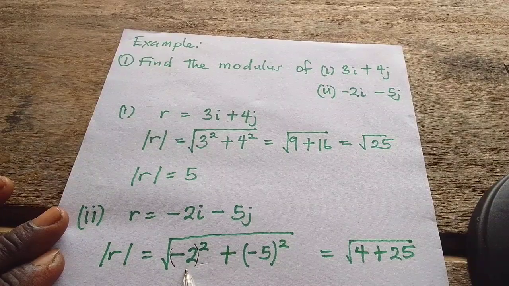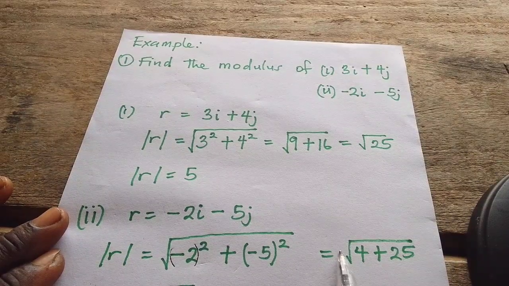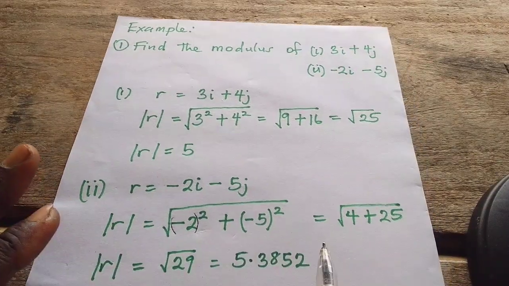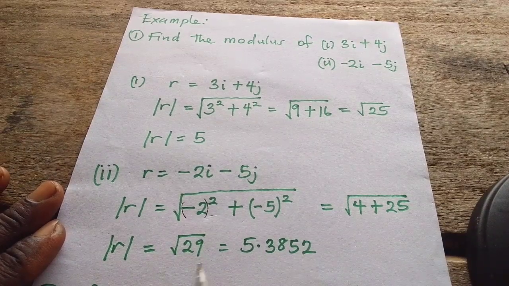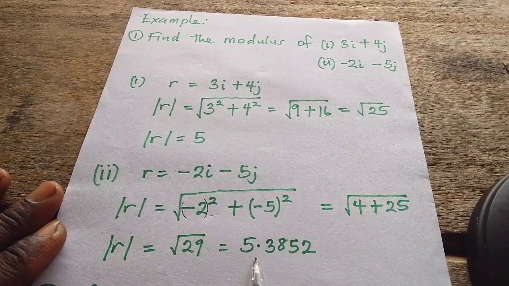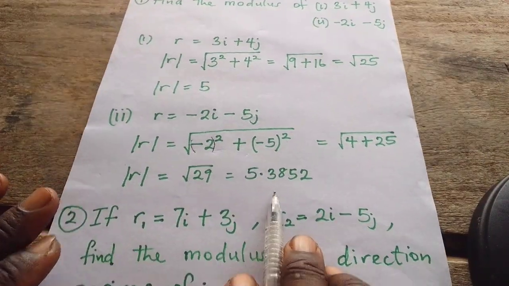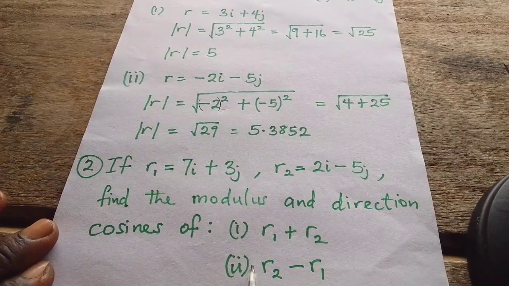Minus 2 times minus 2 will give us plus 4, plus minus 5 times minus 5 will give us plus 25. Then find the square root. 4 plus 25 will give us 29. The square root of 29 will give us 5.3852. So the magnitude of R is now 5.3852. Let's look at another question.